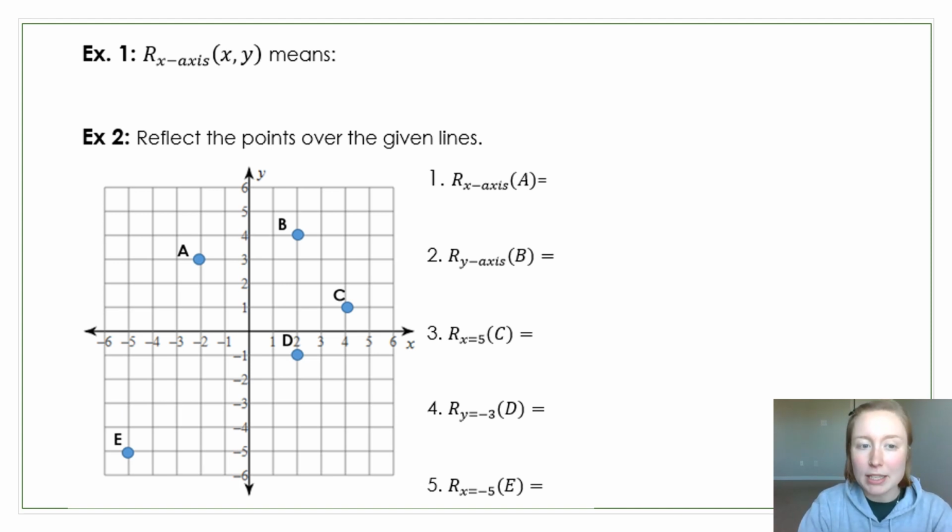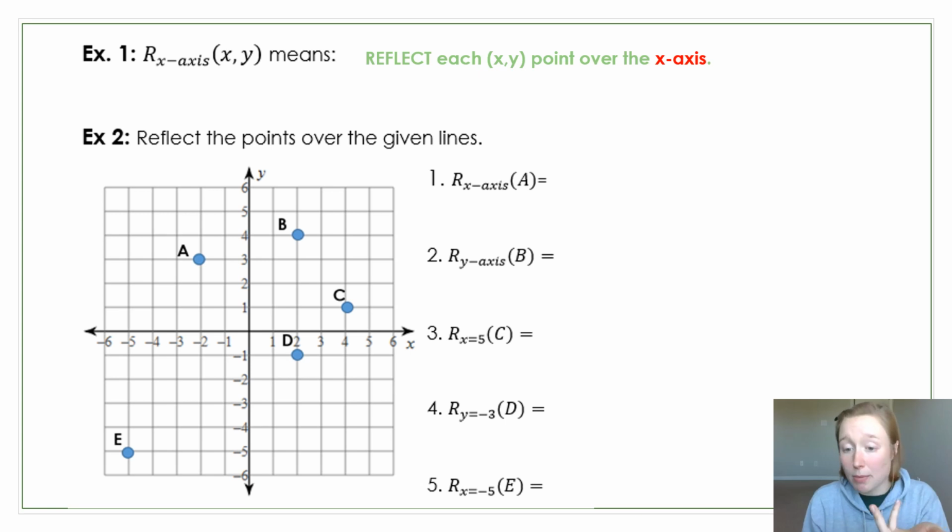This is what I mean by mathematicians leaving off the whole pre-image and image and just saying the reflection, the x-axis, and the little x, y point. Because of the capital R at the beginning, that means we're going to reflect. And the x, y is our pre-image, right? So it's telling us that we're going to take every x, y point and reflect it over the x-axis. See how right here I'm not going to say "line"; I'm going to say what line I actually want to reflect over.